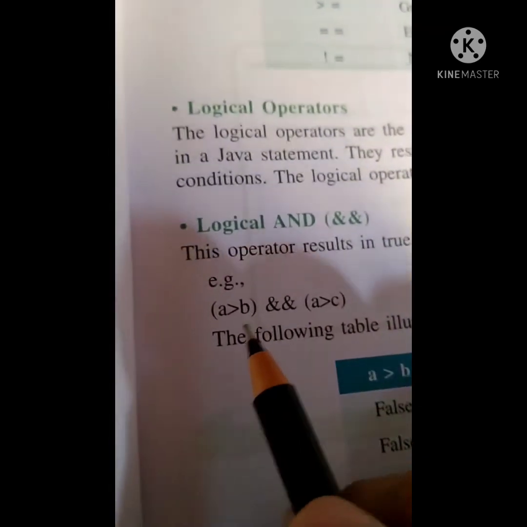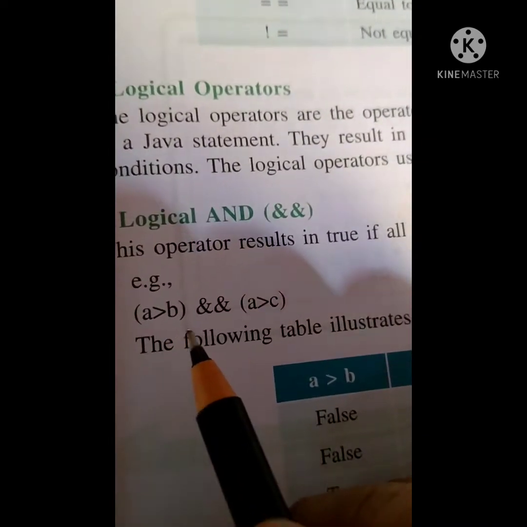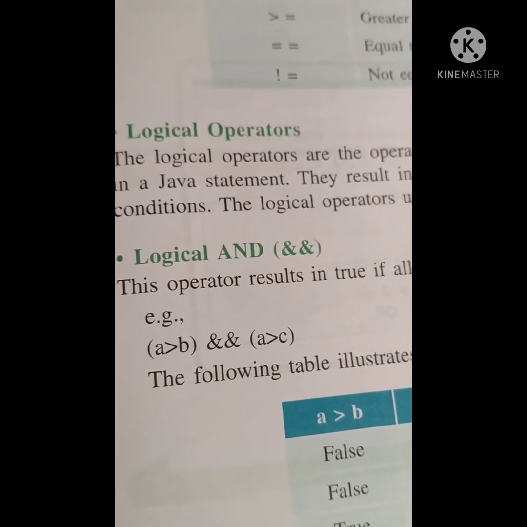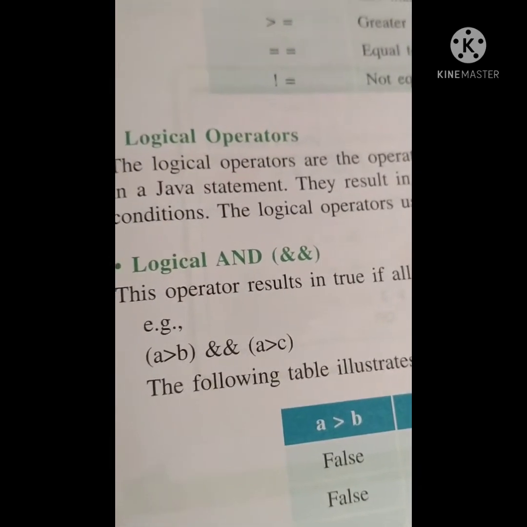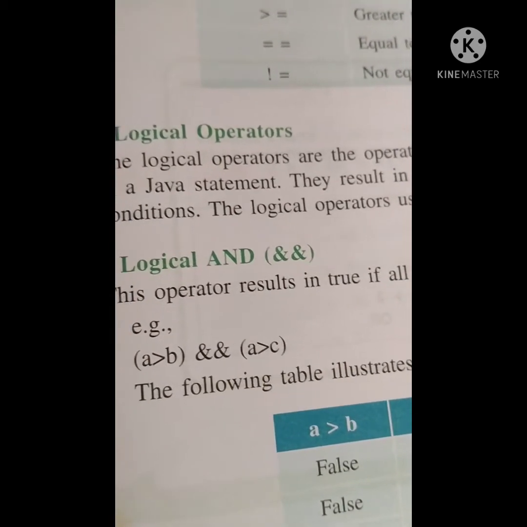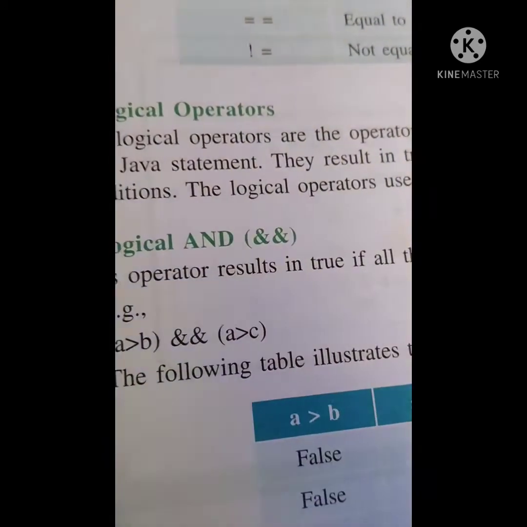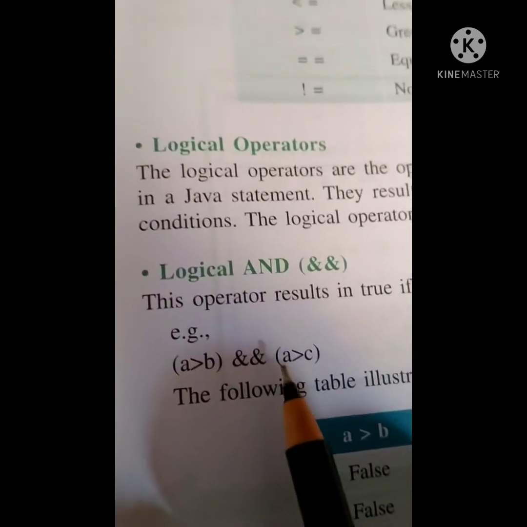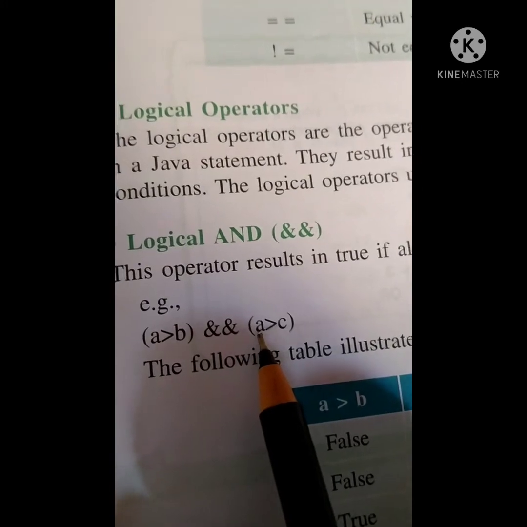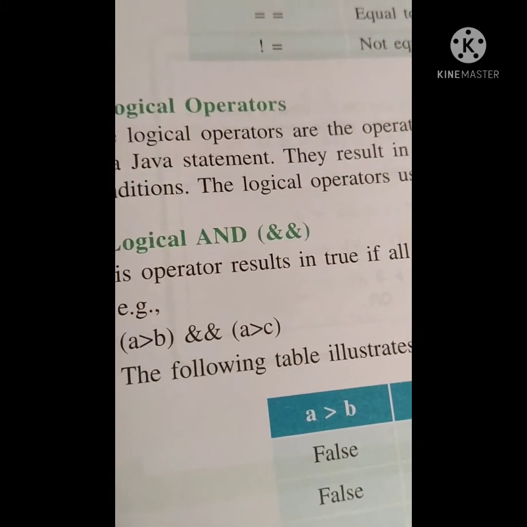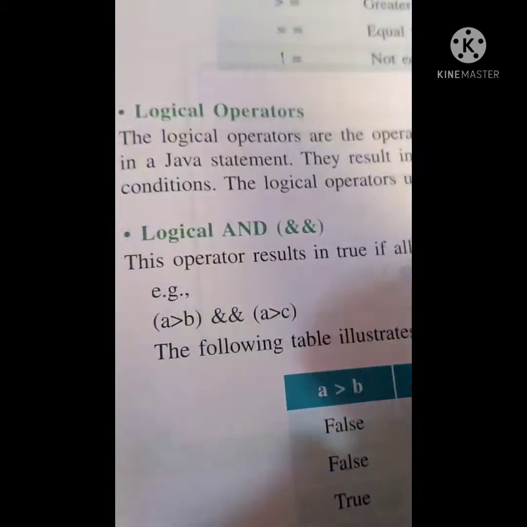If I am telling the value of A, it means the value of A is greater than B and C, then only the value of A will be displayed in the output screen. Suppose the value of A is greater than B, but A is not greater than C, then the value will be false.